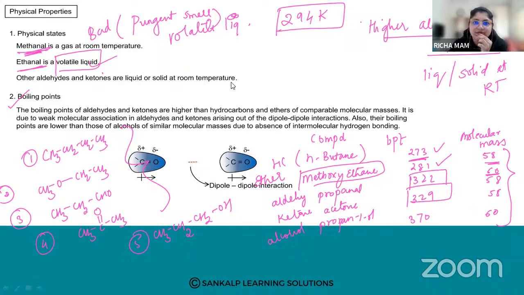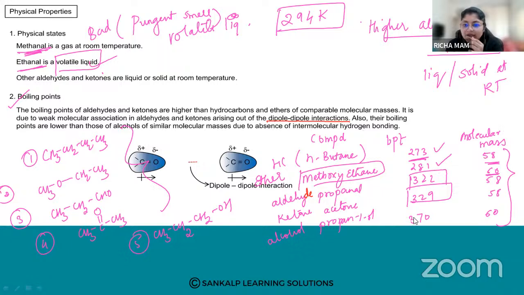But why do aldehydes and ketones have a higher boiling point? Because of the weak dipole-dipole interactions, their boiling point is comparably high as compared to hydrocarbons, ethers, etc.